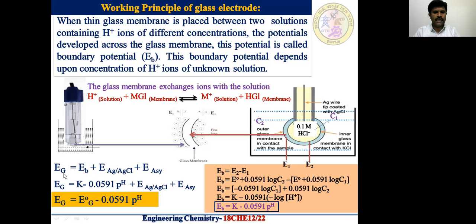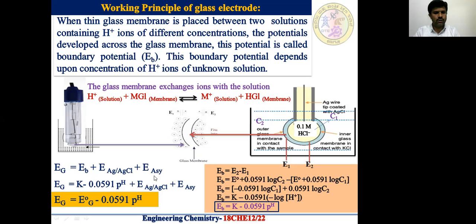So hence the electrode potential of glass electrode is equal to the boundary potential EB plus the electrode potential of the internal reference electrode, that is the silver chloride electrode, plus another electrode potential called the asymmetric potential, that is developed due to the asymmetry or heterogeneity on the glass membrane.